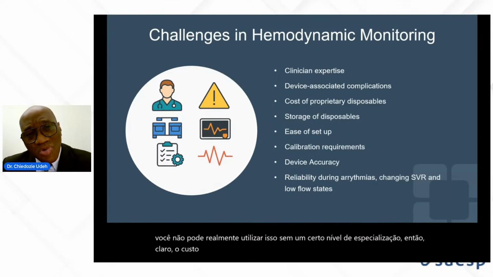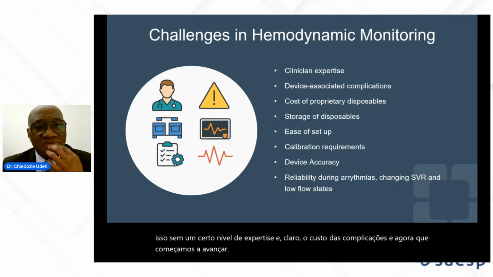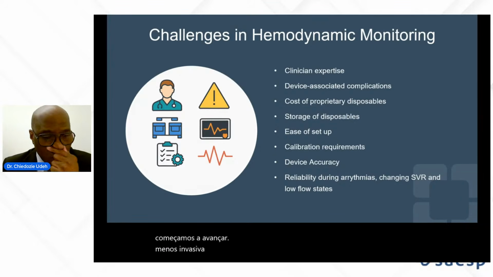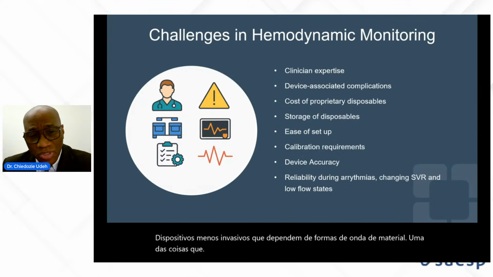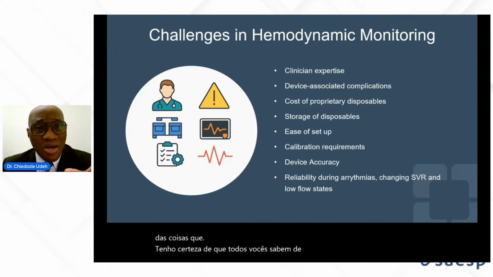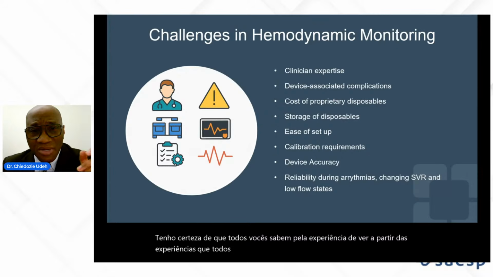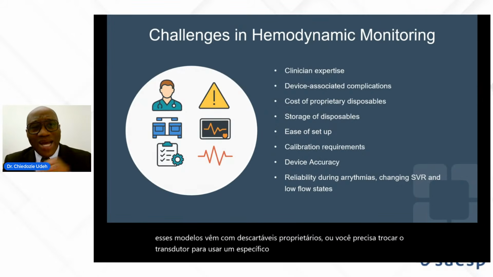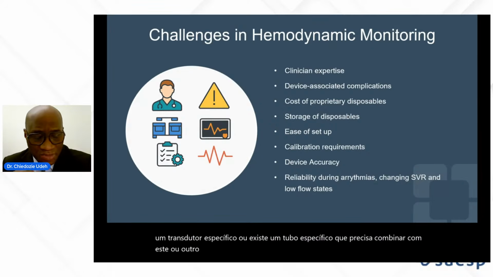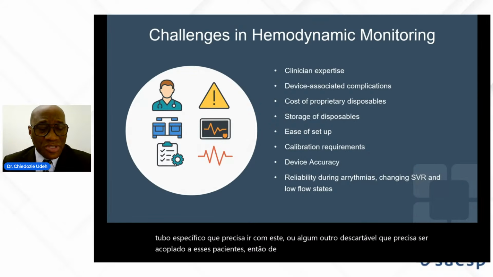And now, as we started moving into the less invasive devices that depend on arterial waveforms, one of the things that I'm sure you all know from experience is that all of these come with proprietary disposables. Either you have to change your transducer to use a specific transducer, or there's a specific tubing that has to go with this, or some other disposable that has to attach to the patient. Then, of course, these disposables have to be stored somewhere.